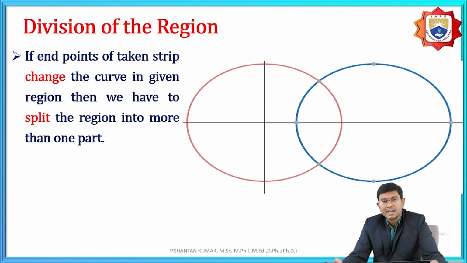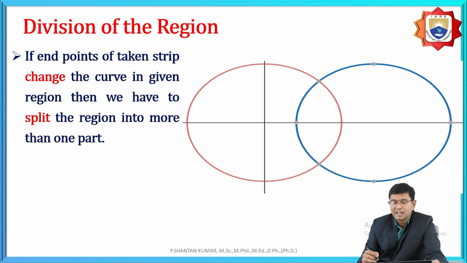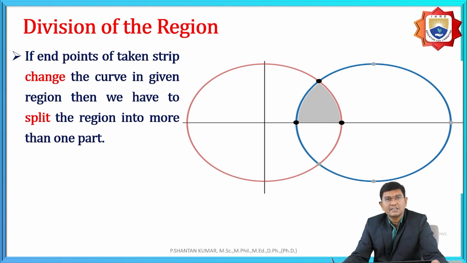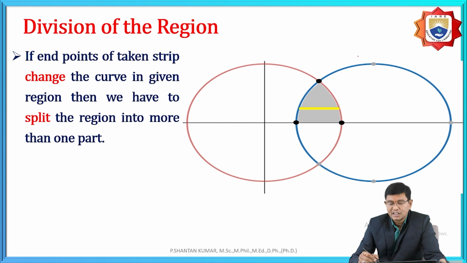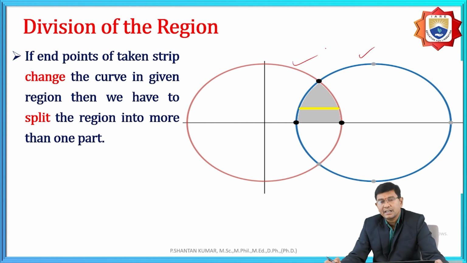Whenever the function is given, draw the diagram like this. In this bounded region, if we take a strip parallel to the x-axis, for example like this, the left side is the first curve and the right side is the second curve. With the horizontal strip parallel to the x-axis, there is no problem.